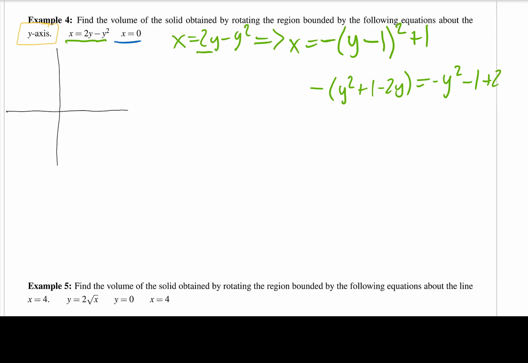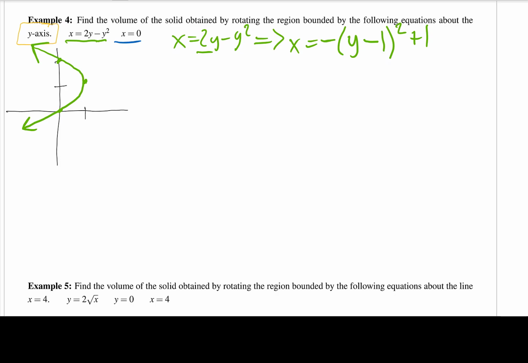The reason I've done this completing the square method is because now it's a lot easier for me to know what my graph looks like, right? Now I know that this is going to be a parabola shifted 1 to the right, up 1, and opening to the left. Something that looks like that.